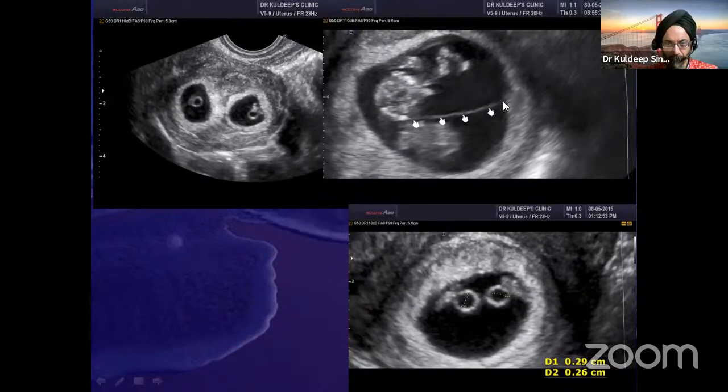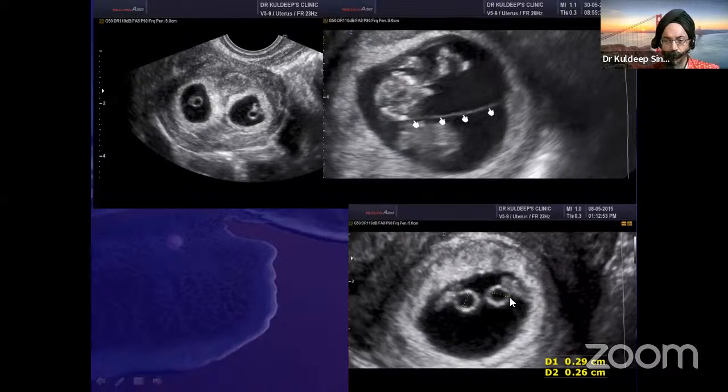This is perpendicular to the gestational sac wall. I repeat the whole thing. What sign is this? This is very, very thin. That's a T sign. Perfect. Because the thickness of the membrane, how it is going there is going to decide.